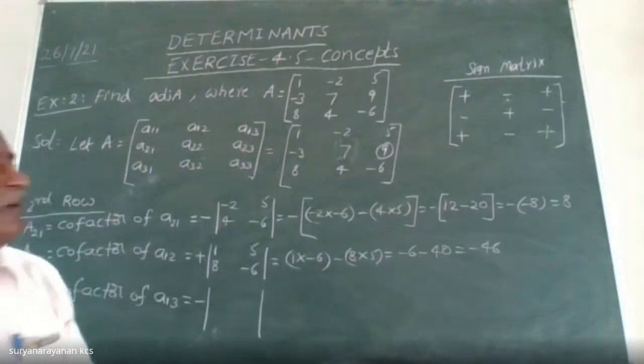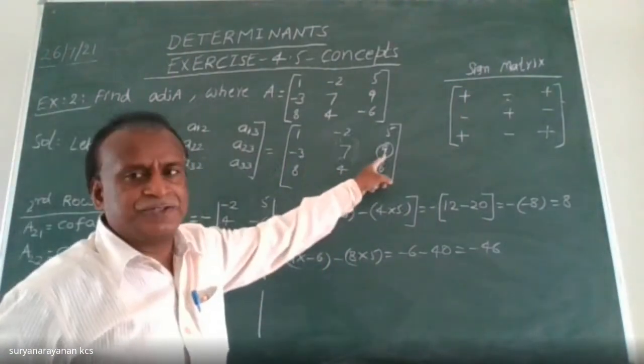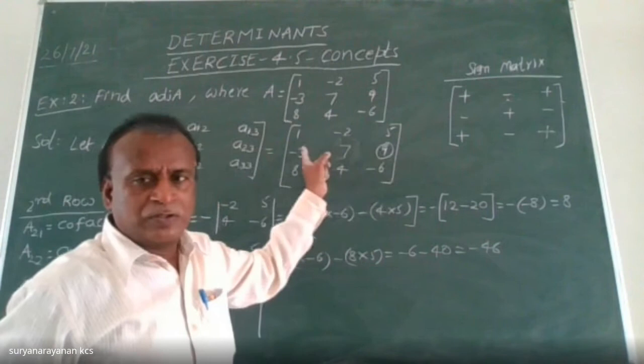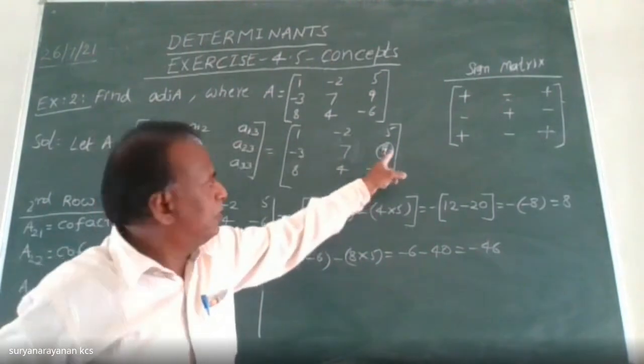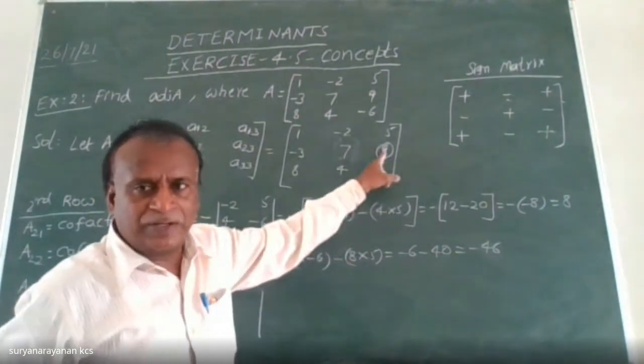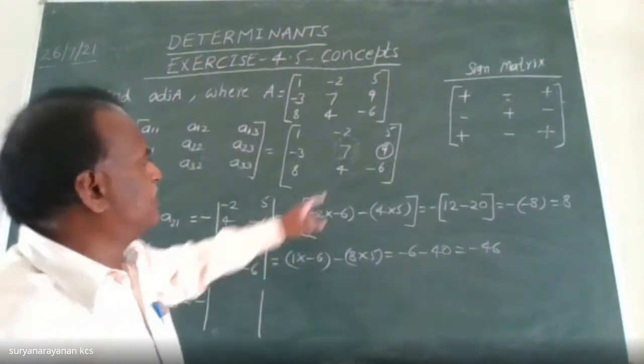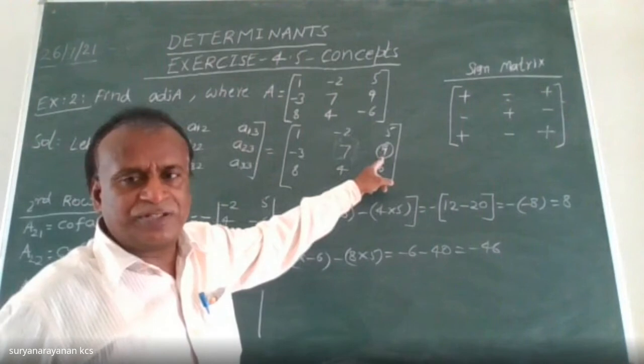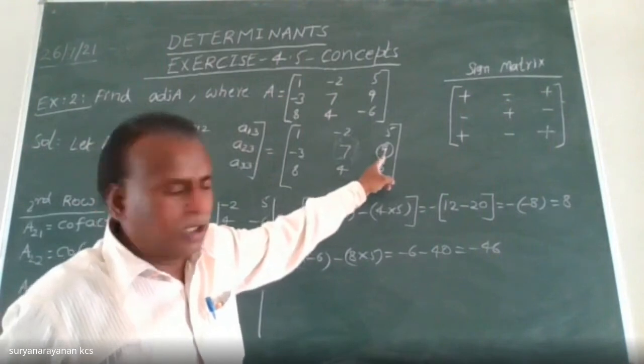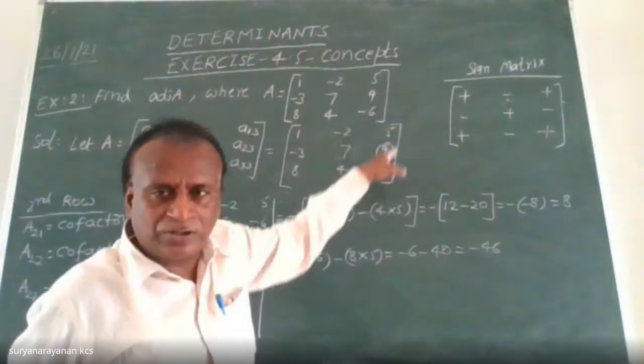This element lies in the second row, third column. We have to find the position of the element in the given matrix. So close the second row and the third column.